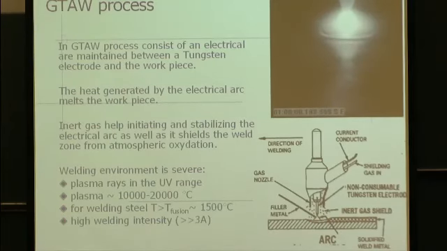This environment is quite severe: you have the electrical arc and plasma rays in the UV range. The plasma temperature is around 10 to 20,000 degrees Celsius. If you weld steel, the temperature is higher than 1,500 degrees in the welding pool. And we have high welding intensity, over 3 amperes, which is harmful for the human body.